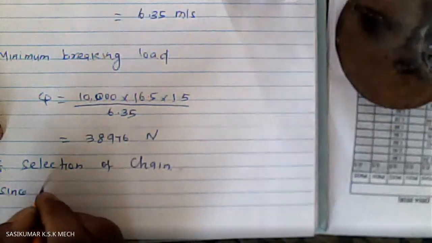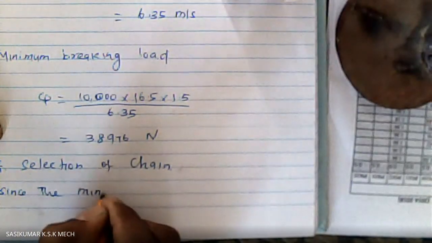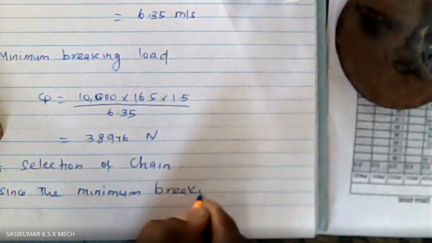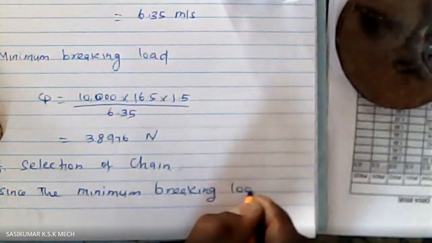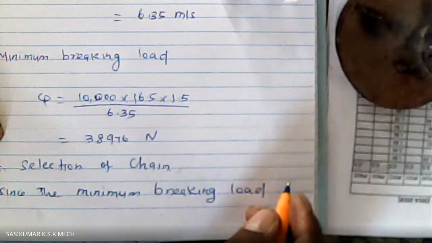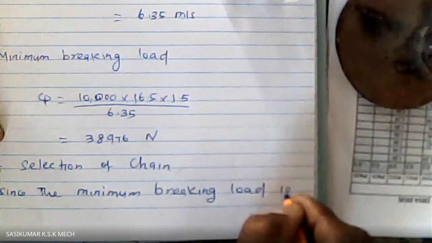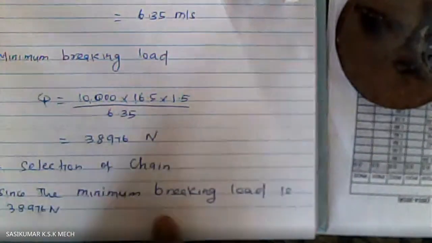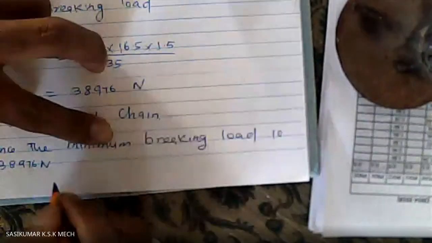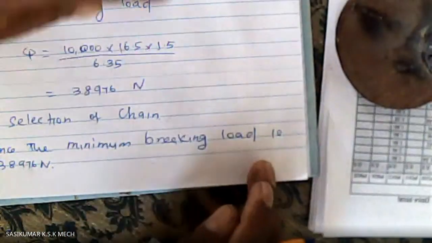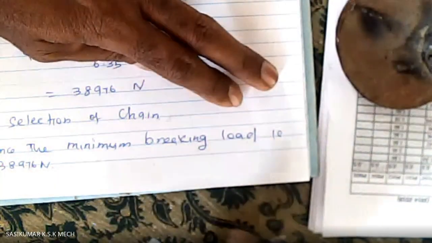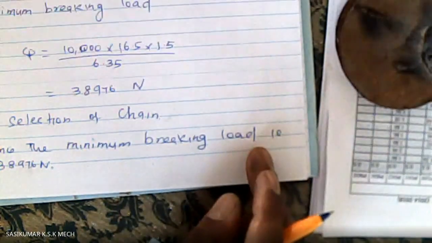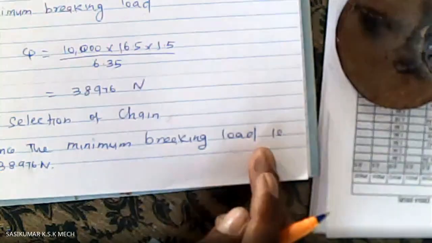Since the minimum breaking load is 38,976 Newton, we should select a chain drive which is having more breaking strength.